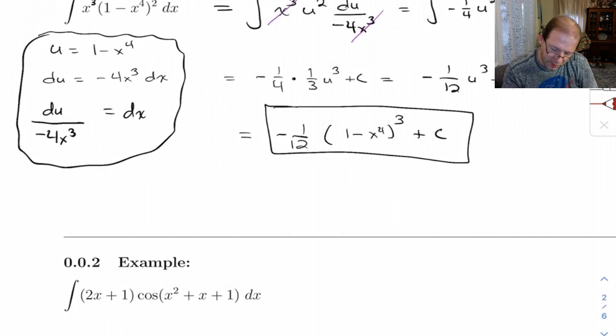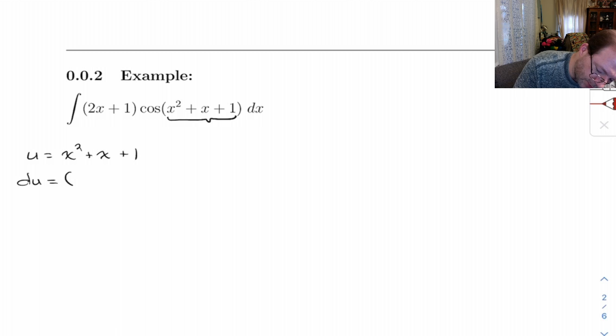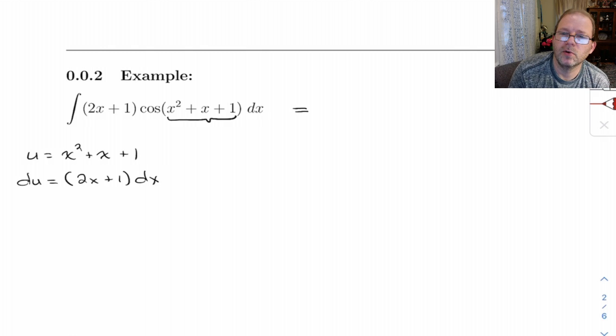All right, let's do another example. On this one, here's my inside function. It's nested inside of the cosine, and so I'll let u equal x squared plus x plus 1. So du is going to be the derivative of that times dx. And I'm actually not going to do the step here where I solve for dx.